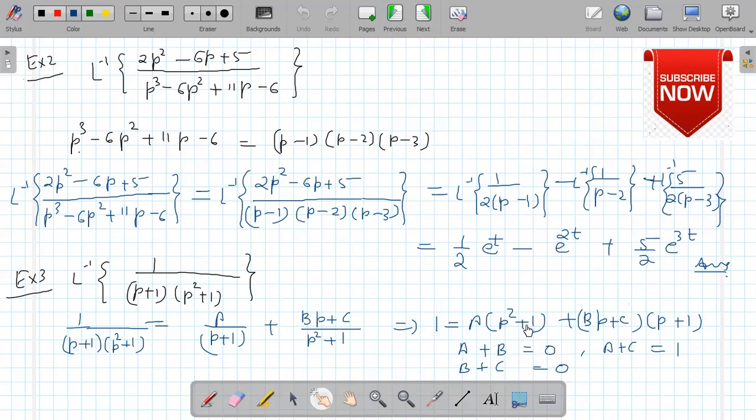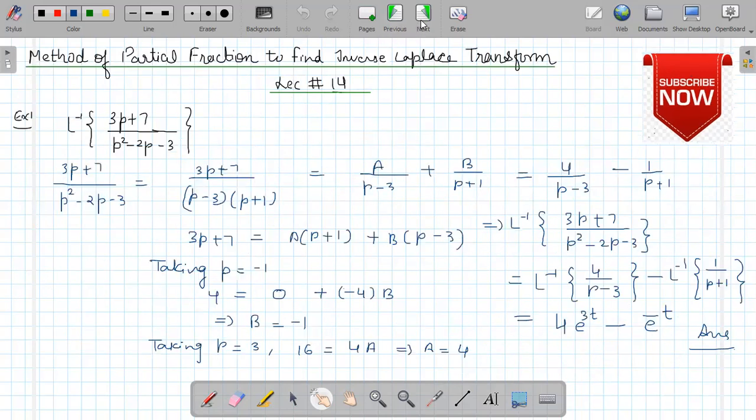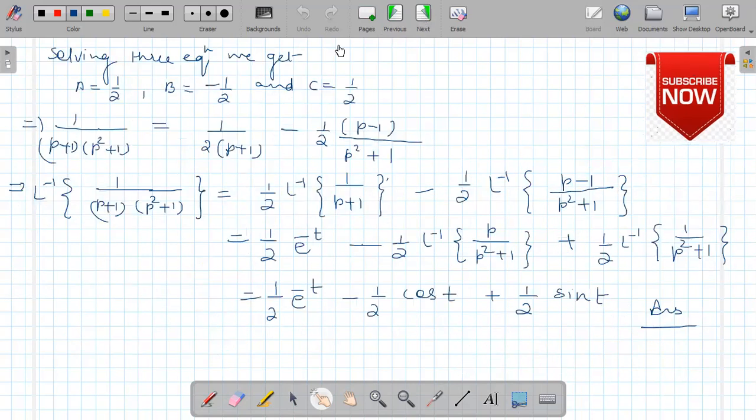Then we equate the coefficients of p, that will be b and c. b plus c is equal to 0, and we equate the constant terms. So the third equation will be a plus c equal to 1. Solving these three equations, we get the values of a, b and c.